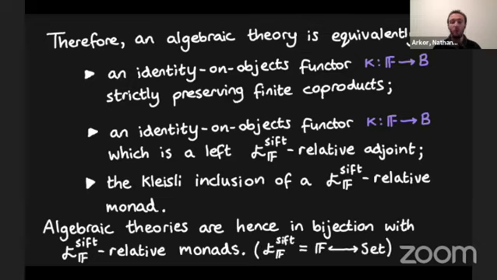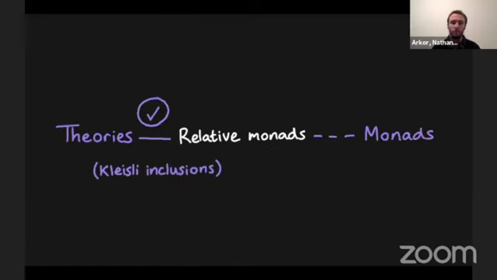And just to be a bit more concrete, this sifted Yoneda embedding is precisely an inclusion of F into Set, or the inclusion of finite sets and functions into the category of all sets. So now we have a connection between algebraic theories and relative monads, which are given by this Kleisli characterization, as well as this relative adjoint colimit preservation property.